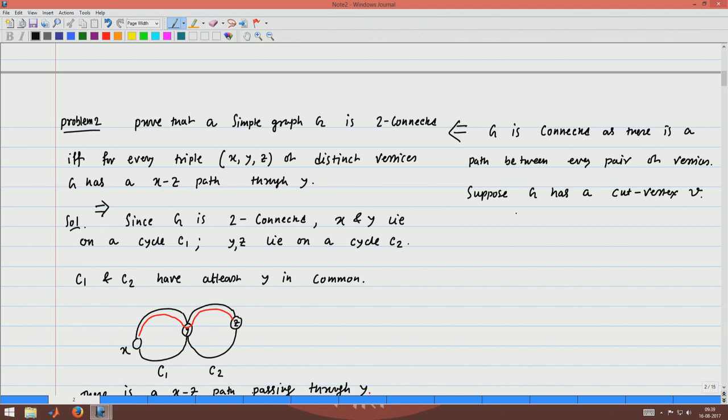Okay. So, let x and y be two vertices in two different components of G minus v. This part we are proving using contradiction.